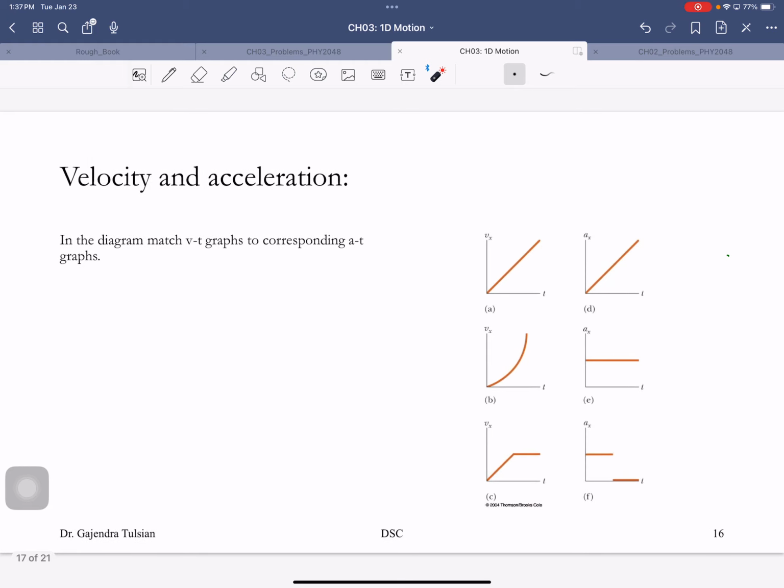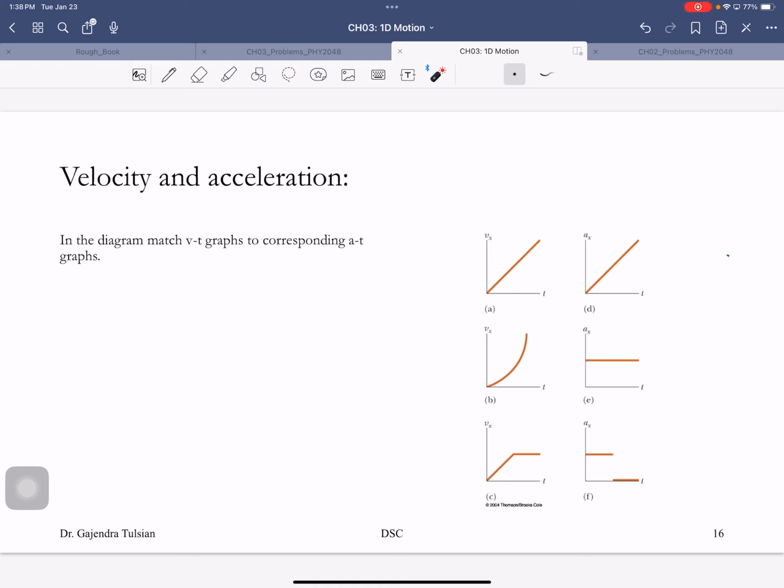All right. So velocity and acceleration are related. Acceleration is non-zero when? When is acceleration non-zero? Go ahead. When velocity is changing. So you're accelerating because velocity is changing.